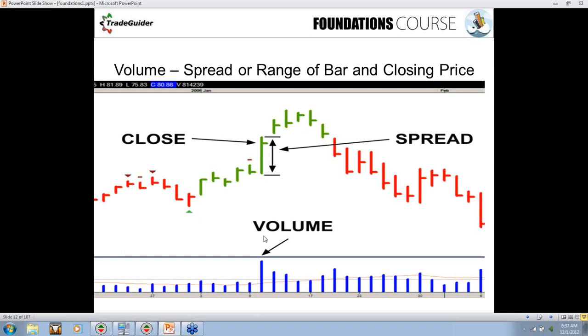Now, question comes in, what time frame? It doesn't matter, as I'm going to show you. This methodology works on a 1-minute chart and it works on a monthly chart, and I'll prove it to you. Now, even Tom Williams, when he was inventing this, sat down with a computer programmer, and when Tom said, well, I think it'll work on a 1-minute chart as well as a daily chart, the programmer laughed at him and said, that's impossible.